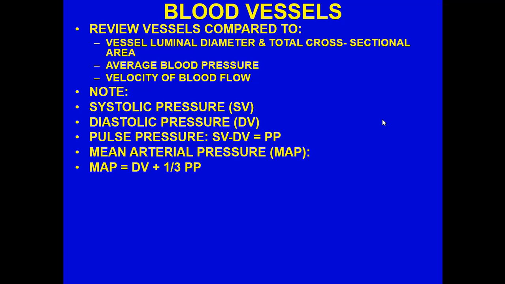Pulse pressure is the systolic pressure minus the diastolic pressure, and they call that PP. The mean arterial pressure is MAP, and MAP is basically the diastolic pressure plus 1/3 of the pulse pressure.